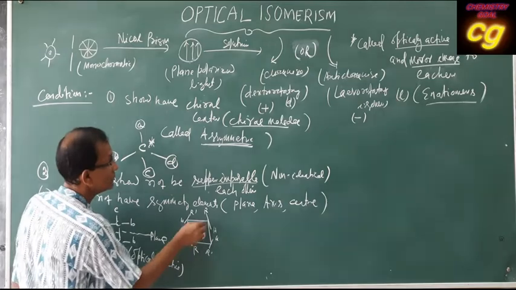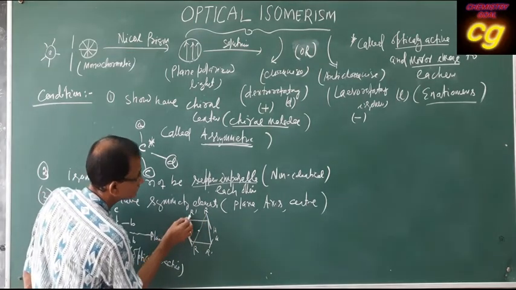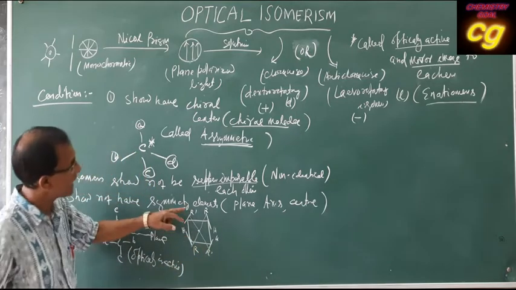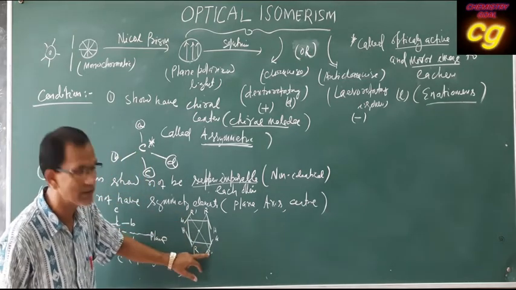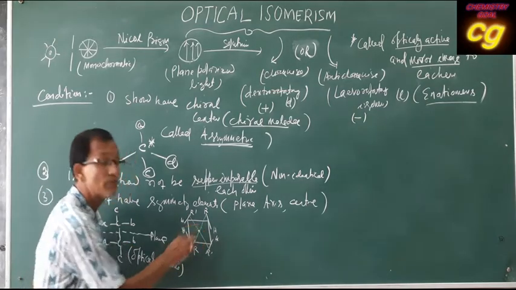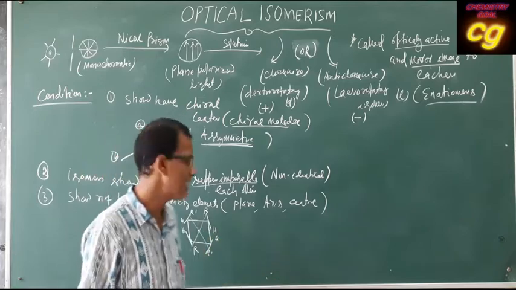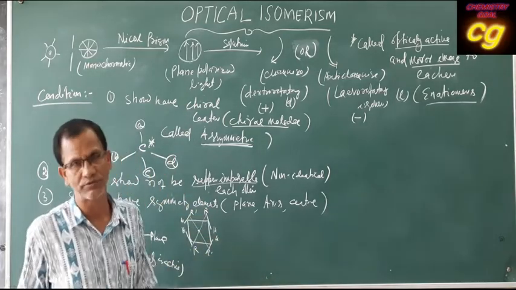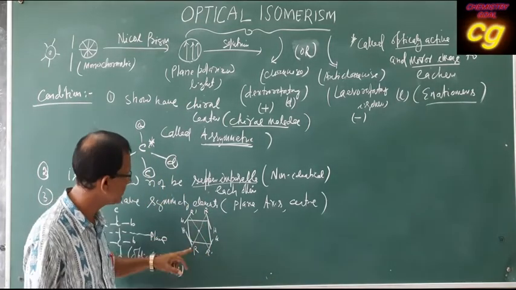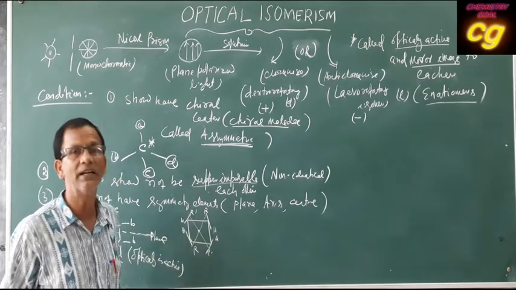If you join, you see the same R1 is coming at this point, the same R is coming at this. That means this is the center of symmetry. Through this center we can divide the molecule into equal halves. The same R is repeated here, the same R is repeated here. That means it has a center of symmetry.